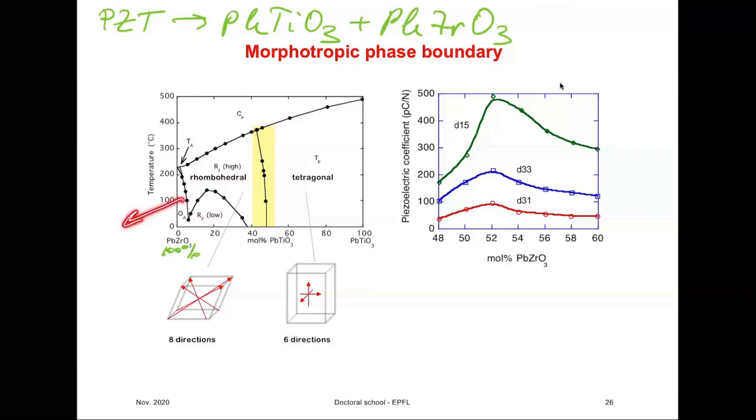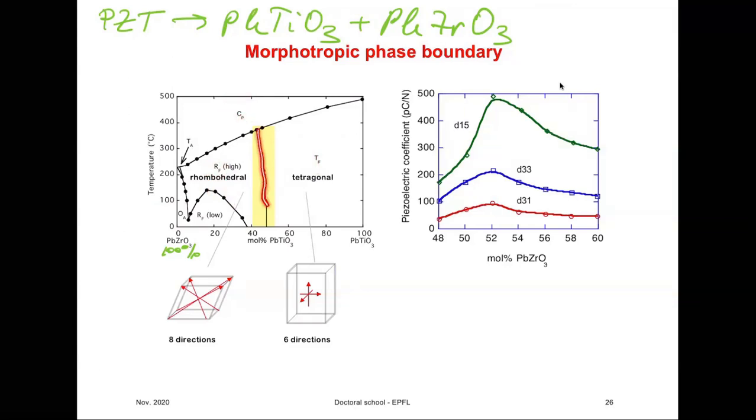There is an orthorhombic anti-ferroelectric phase with less than 10% of lead titanate, and that phase as well is not important for us in the discussions that will follow. So just consider this whole thing as being rhombohedral, and this one is tetragonal, and here we have a cubic phase.